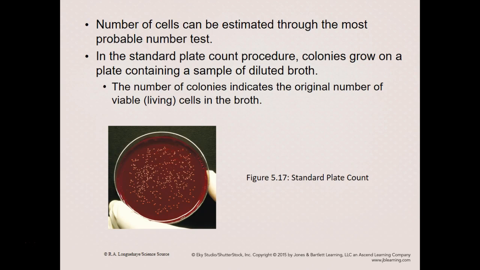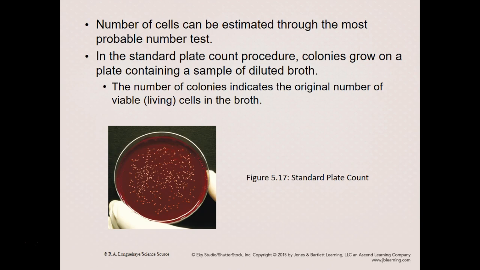Another mechanism is the standard plate count procedure. In the standard plate count procedure, we take a sample, again, like a milliliter of fluid from some environment, and then we dilute it into a known amount of broth.